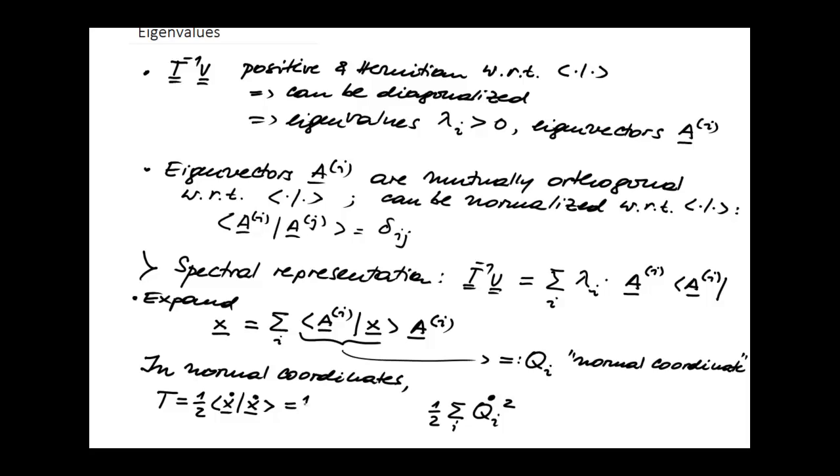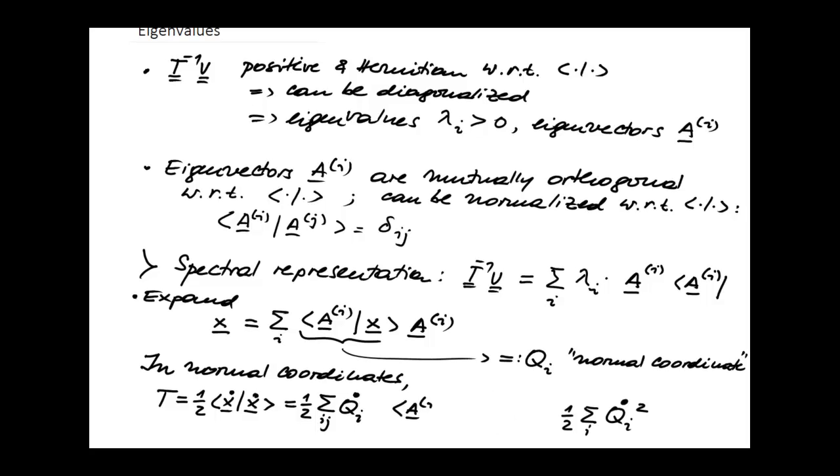So we have 1/2 sum over ij. Now the first x dot argument, that is sum over i Qi dot ai. The second, the right argument, x dot, that's sum over j Qj dot aj.